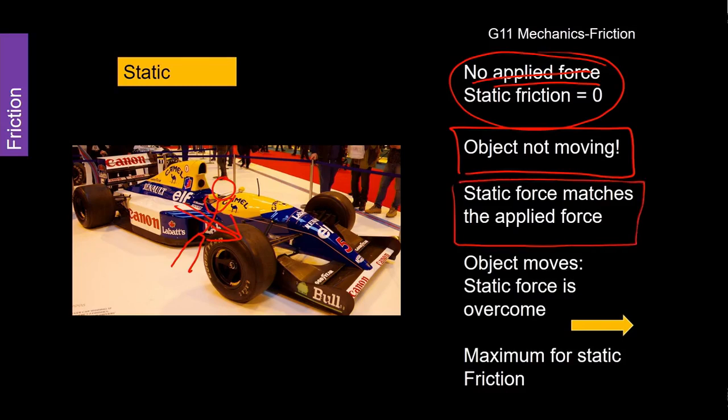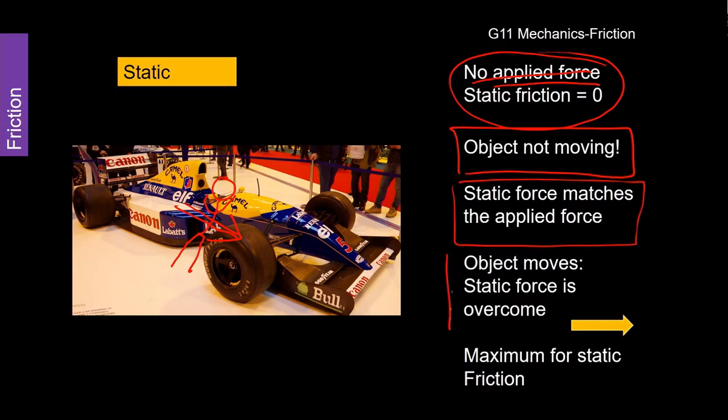The car is still not moving. It gets harder and harder to push that car. And then all of a sudden, that car starts to move. At that point where the car just starts to move, the static force is just overcome by the applied force.